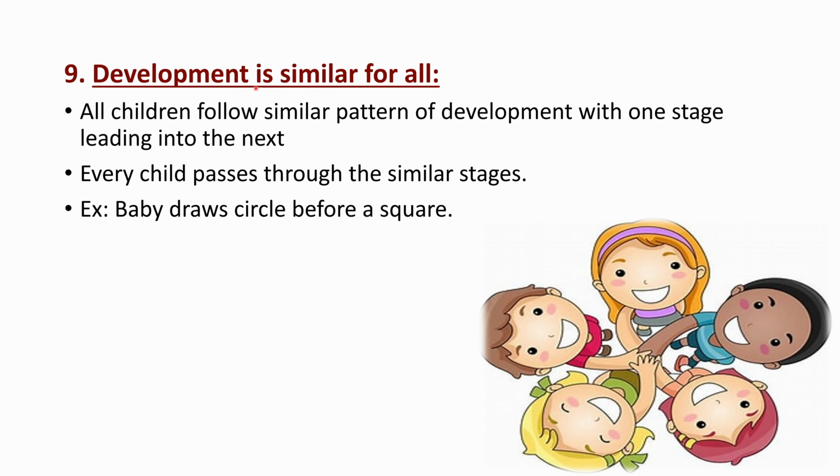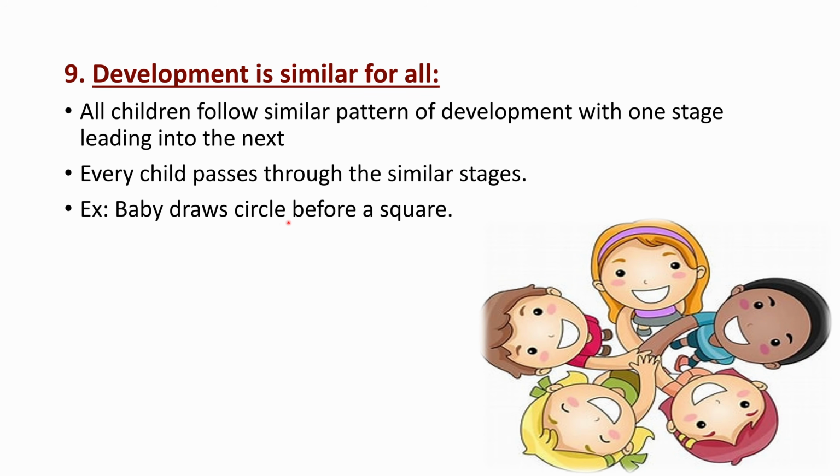Then the ninth principle is development is similar for all. This means that most children follow a similar pattern of development. Even though the speed of development may vary, the sequence of development is usually the same for all children. In other words, every child generally passes through similar stages of development where one stage leads to the next.